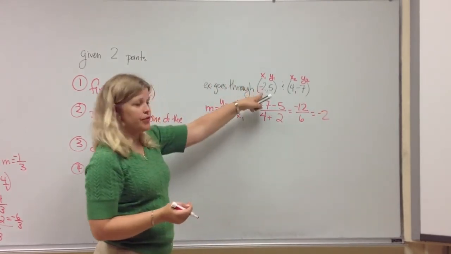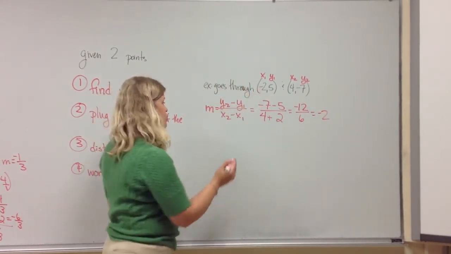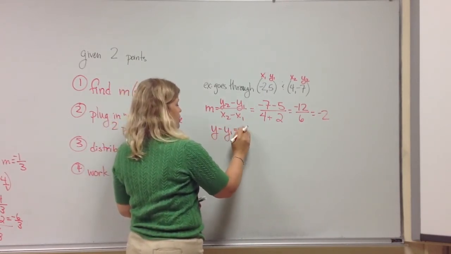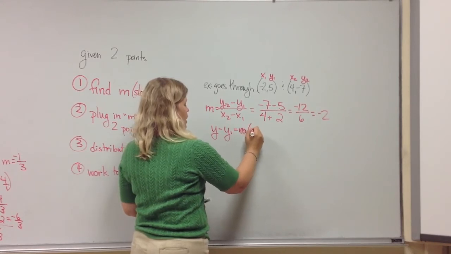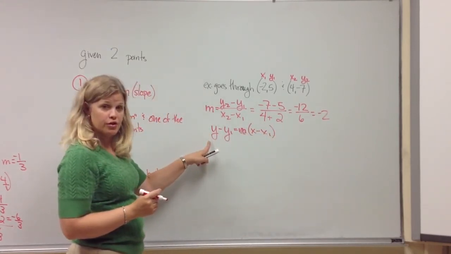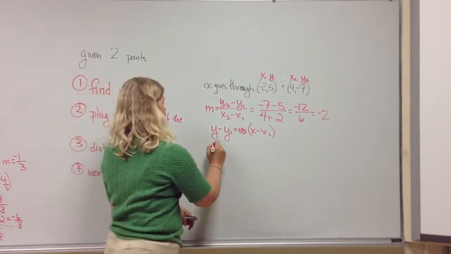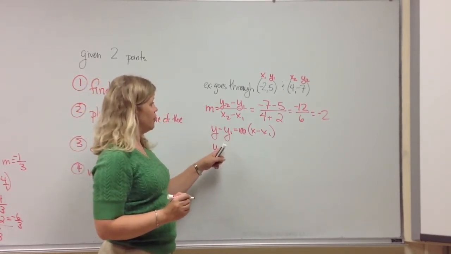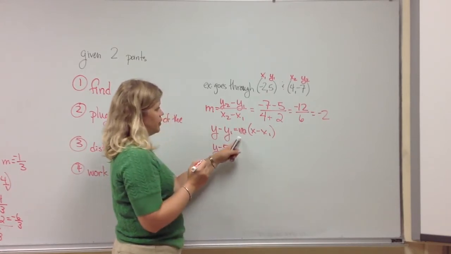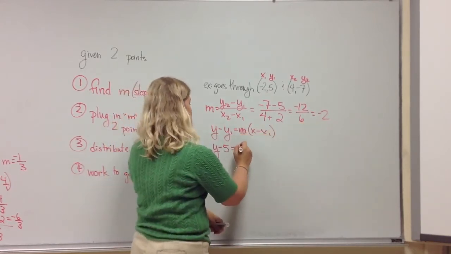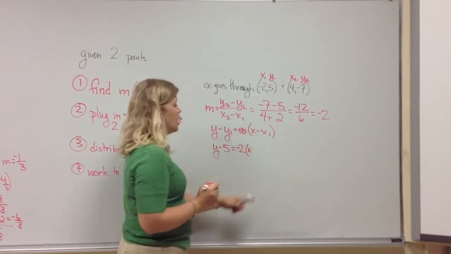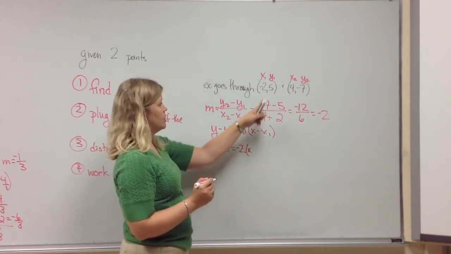You've got your slope, you've got a point. I think you know how to do this. You're going to take y minus y1 equals m times x minus x1. Let's plug it in. Do we plug in for that first y? No. Do we plug in for the y1? Yep, and it's 5. Do we plug in for the m? Yes, it's negative 2. Do we plug in for the x? Nope. Do we plug in for the x1? Yes.